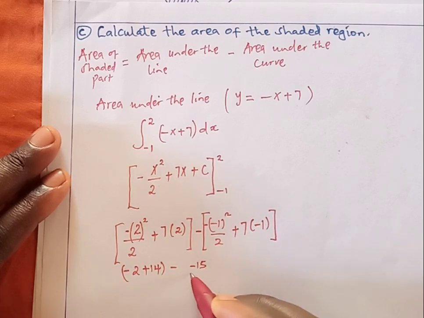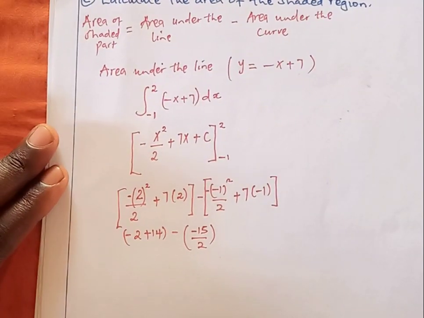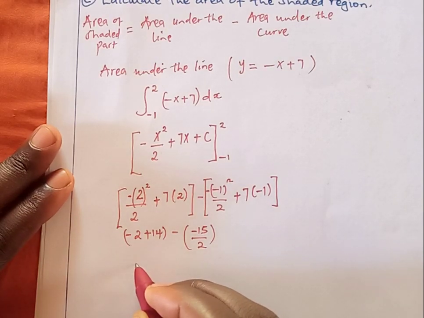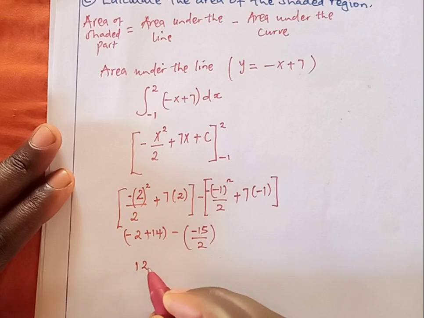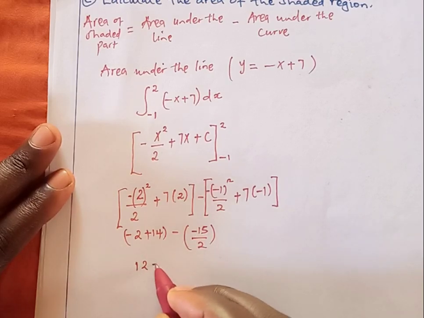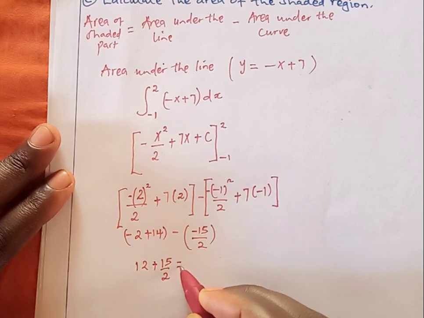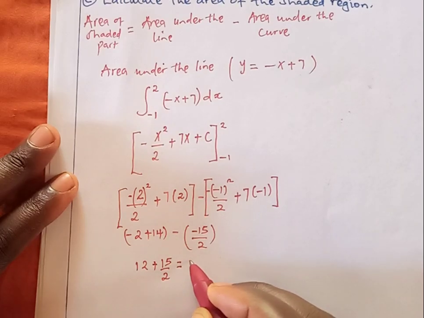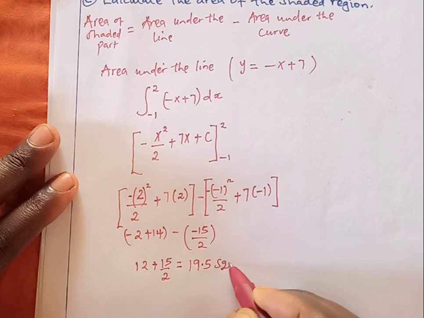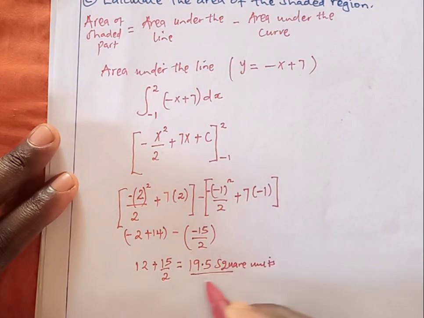So negative 2 plus 14 gives us positive 12. Now 12 minus negative 15 over 2, so plus 15 over 2, gives us 19.5 square units.